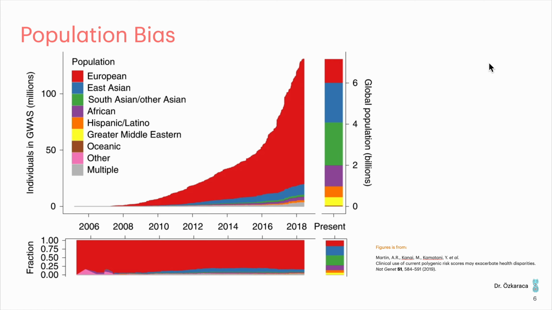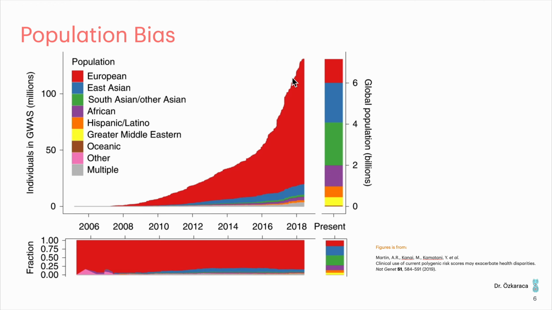So this figure is taken from a fairly recent study by Martin, Kanai, Kamatani et al., "Clinical use of current polygenic risk scores may exacerbate health disparities." And here they show in the figure that the polygenic risk scores are predominantly calculated from European individuals.